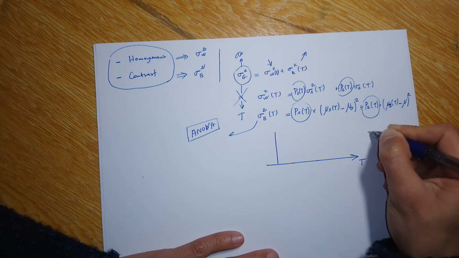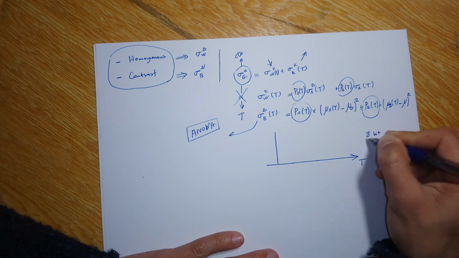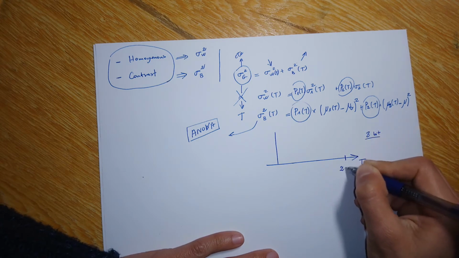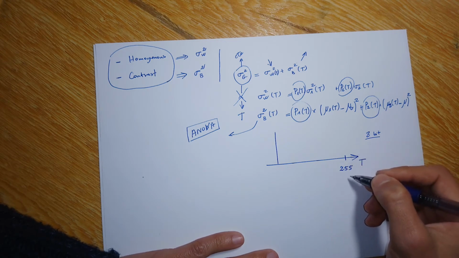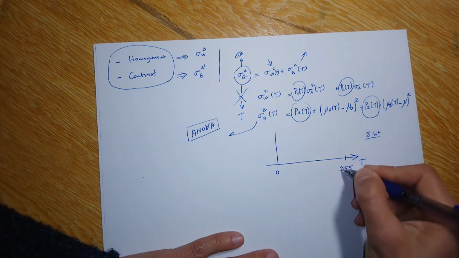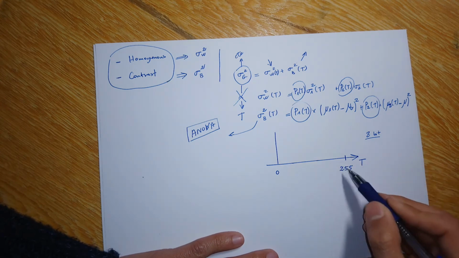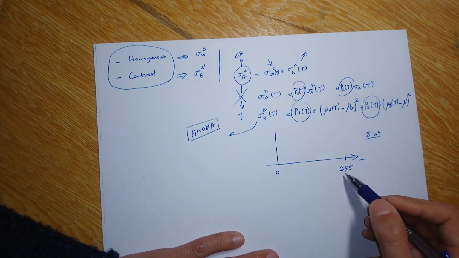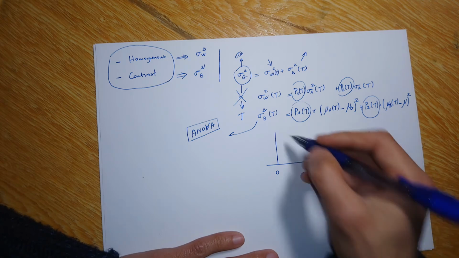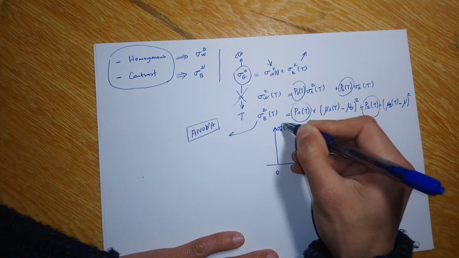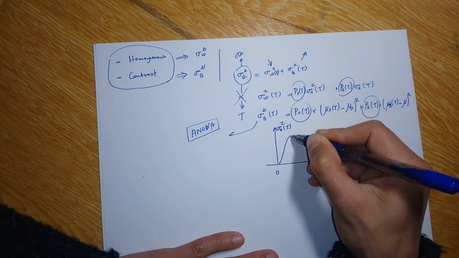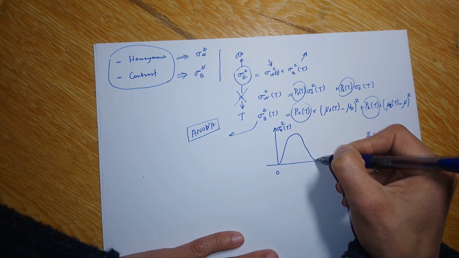For an 8-bit image, for example, we would have 256 possible thresholds from 0 to 255, and for each of these levels we calculate the between class variance, and we get something that is called a cost function.